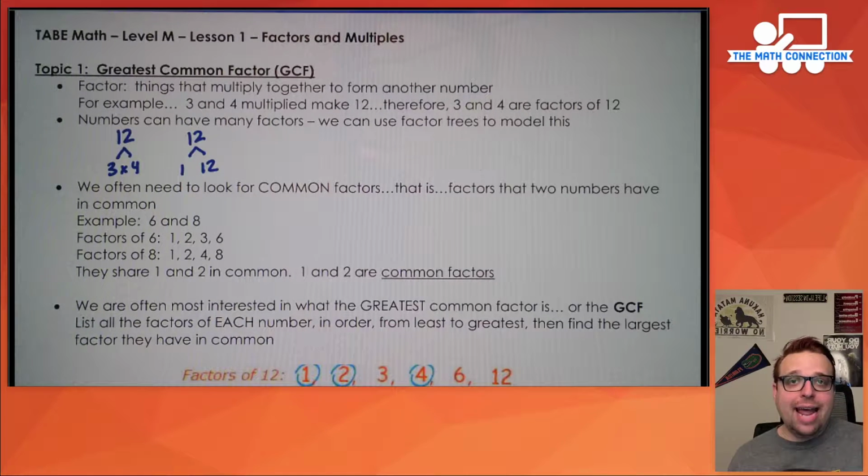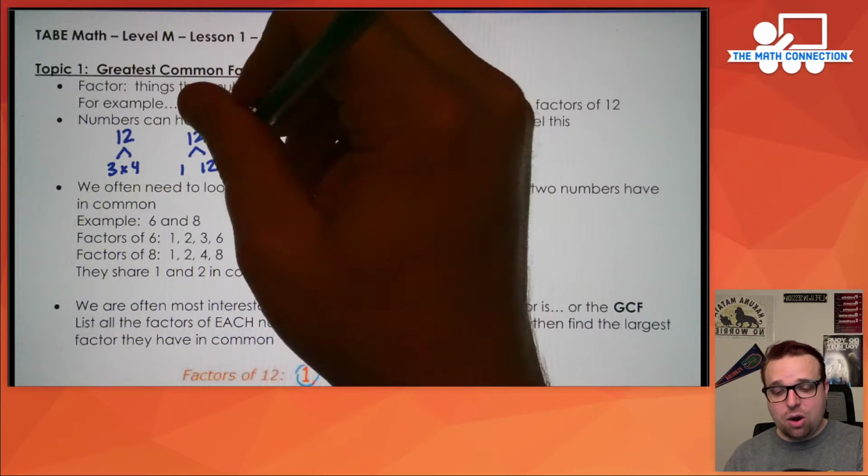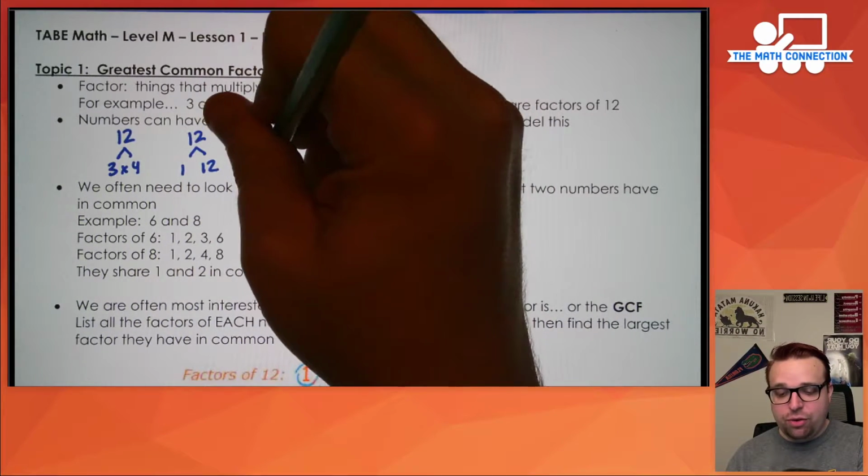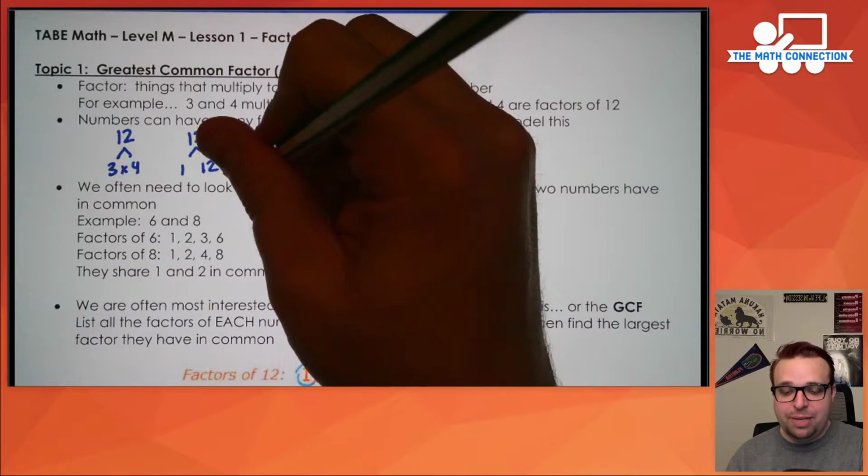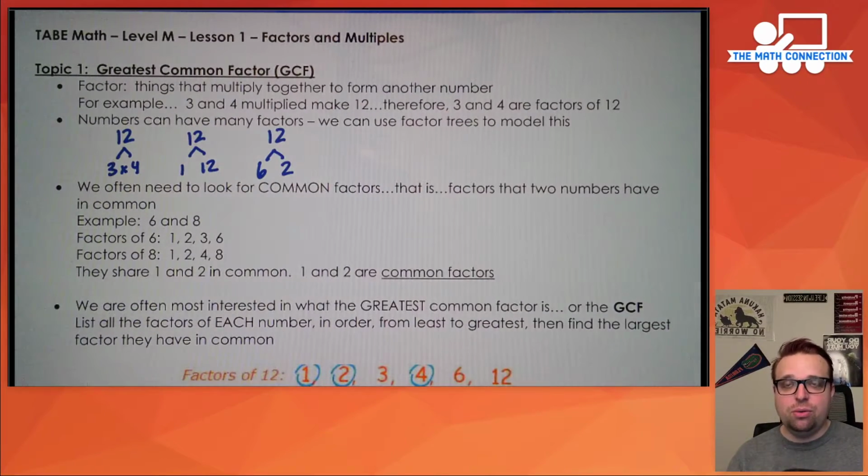Therefore, 1 and the number are always factors of whatever number you're looking at. Now, are there any other numbers that when you multiply, you get 12? Think about it. Cool. Yes, there are. You can also represent 12 as 6 times 2. 6 times 2 makes 12. And that's all there are. There are no more factors of 12.